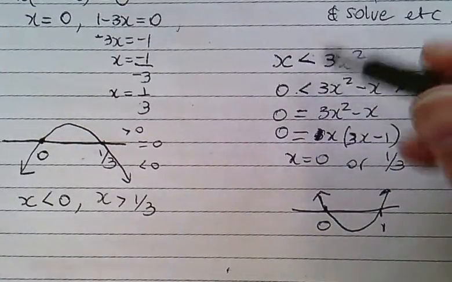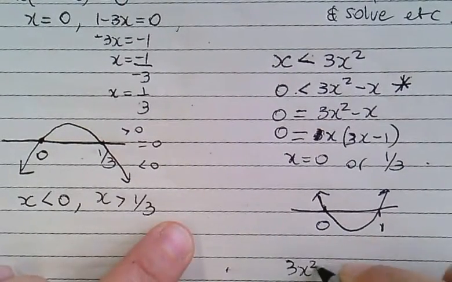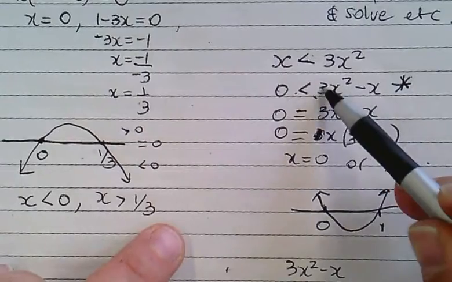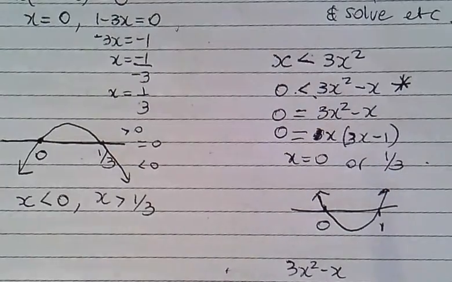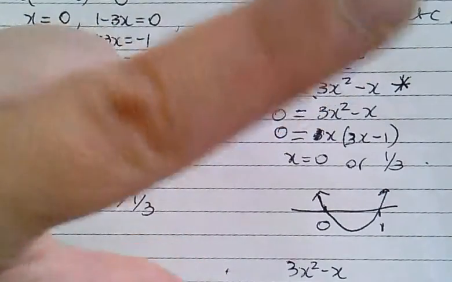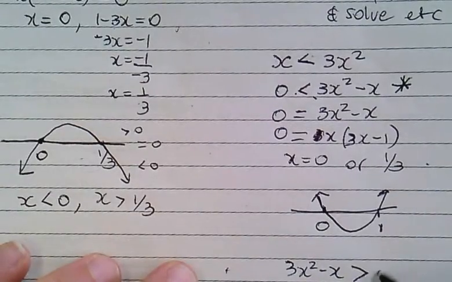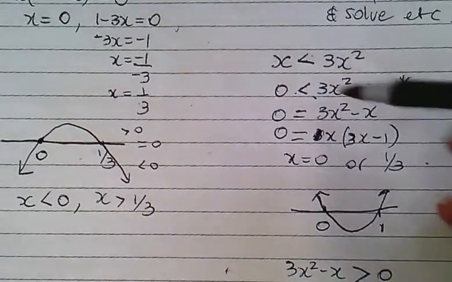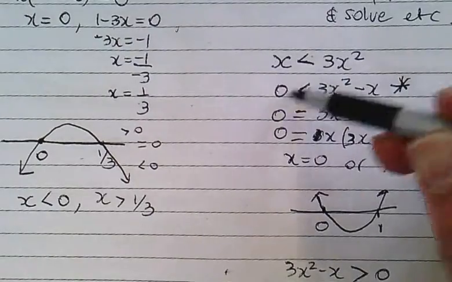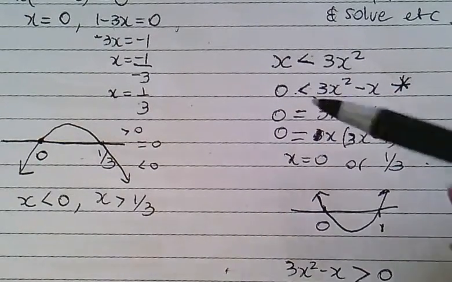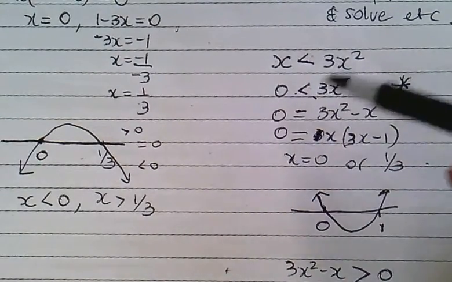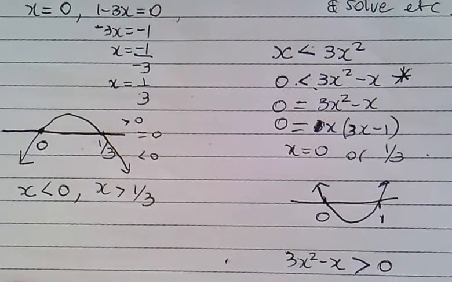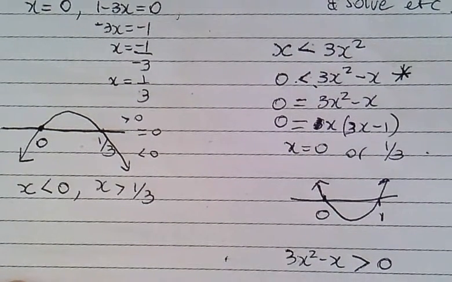This is written the wrong way around. What I really want to see is the big open mouth facing the function. Open mouth facing function. Pointy bit facing 0. Got it? The function is greater than 0. Do you see that? That's what I'm trying to solve.